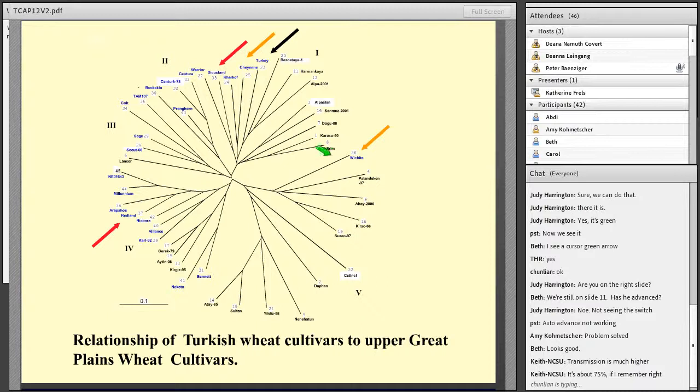And what you also can find is there's a small segment of Turkish wheats which cluster right within the Great Plains. These cluster with the older Great Plains wheats, not the modern ones, and that includes a very famous Russian cultivar called Baenziger. So you can use our molecular markers to begin to get an understanding of diversity.